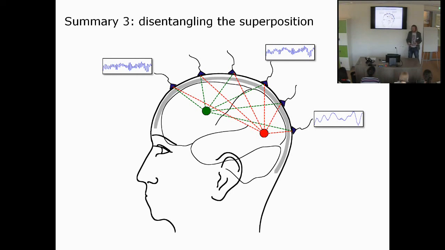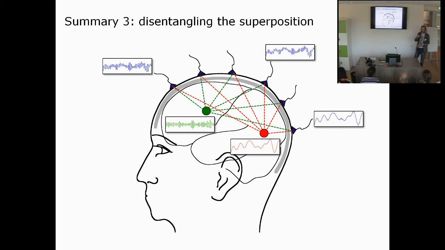In the end, source modeling is about disentangling the superposition. So what we have is these measurements on the scalp, and these measurements are a superposition of the source activity. So the questions that we're asking are not only where are the sources that are represented in this channel level data, but also what's the time course of the sources.